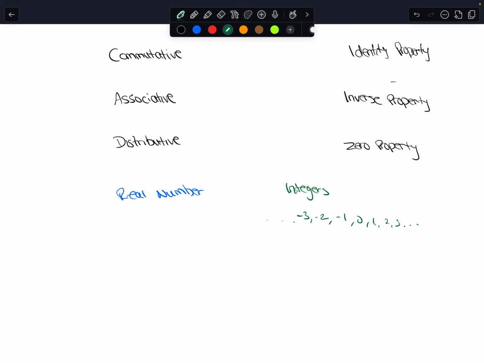And real numbers are broken up into different sections, which are rational, irrational, and fractions. In this group, numbers are usually repeating decimals, fractions, and it can also be non-repeating decimals as well.